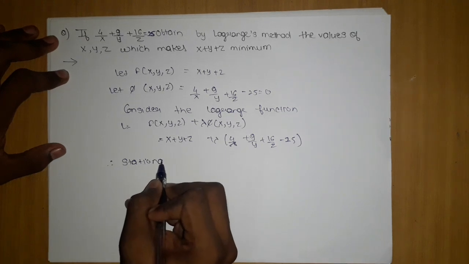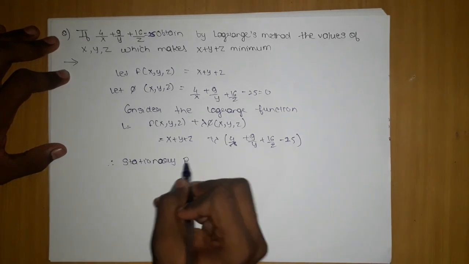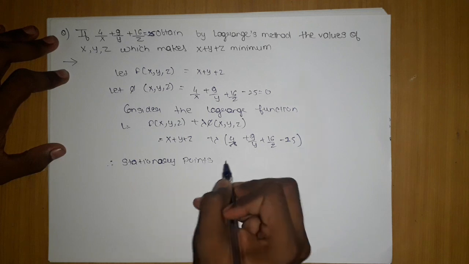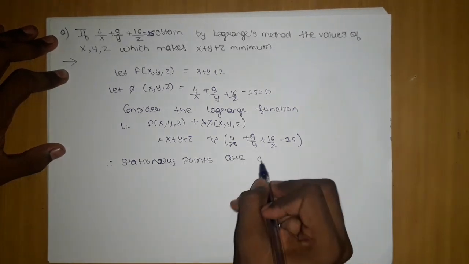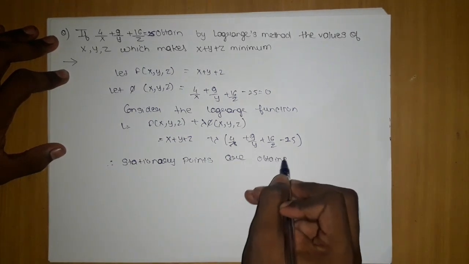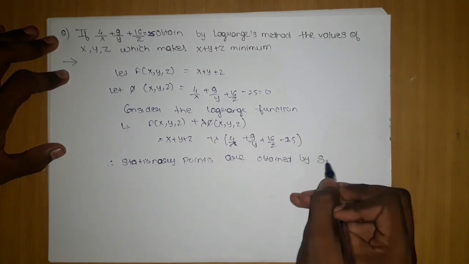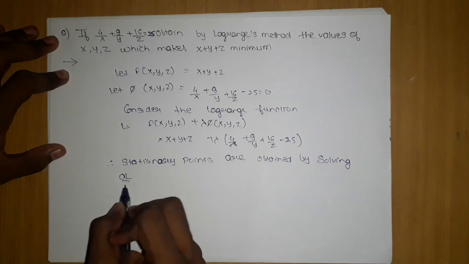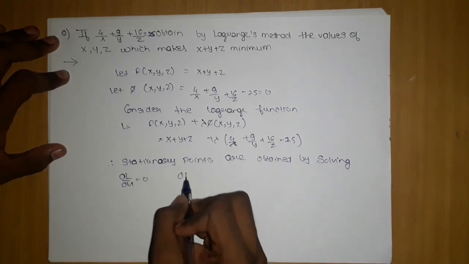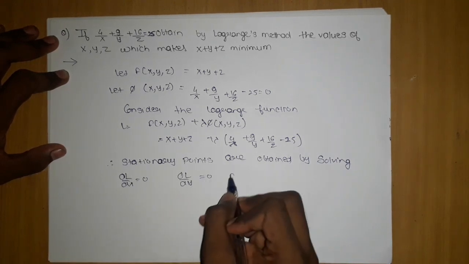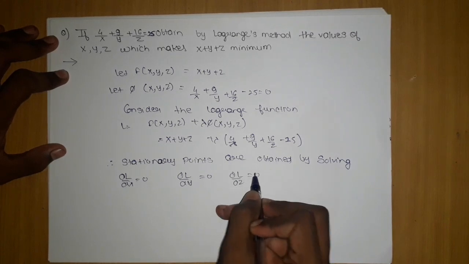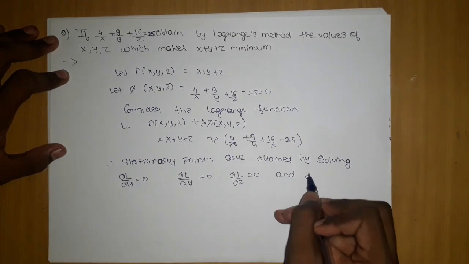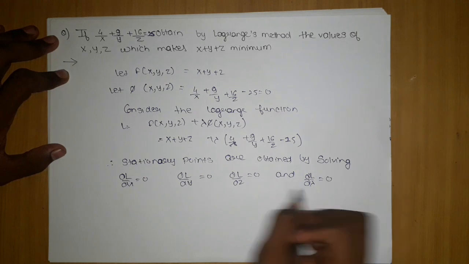Therefore, what are the stationary points? The stationary points are obtained by solving dou L by dou x equals 0, dou L by dou y equals 0, dou L by dou z equals 0, and dou L by dou lambda equals 0.